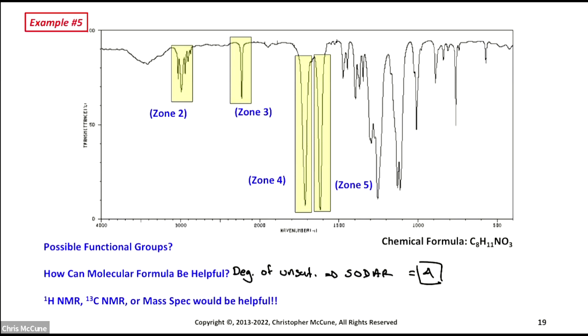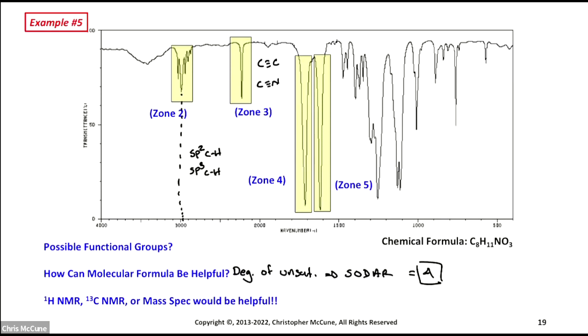But what you see here is some pieces of information in the IR. It looks like there are both sp2 and sp3 CH stretches possible. I also have something in zone 3, so that tells me maybe I have a carbon-carbon triple bond or a carbon-nitrogen triple bond.